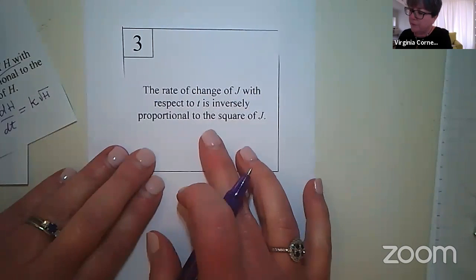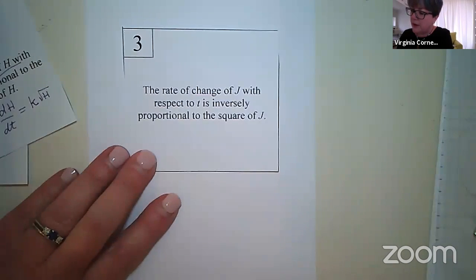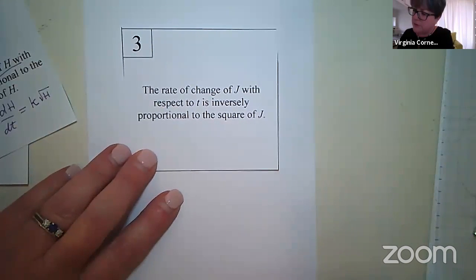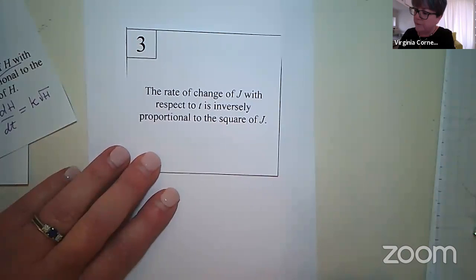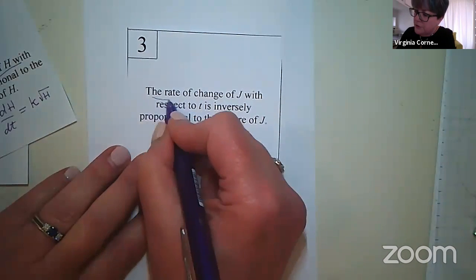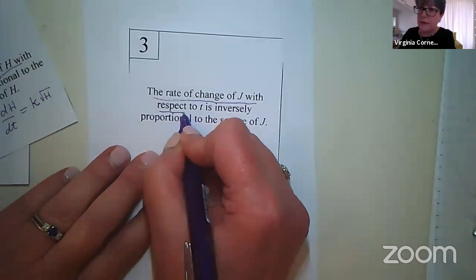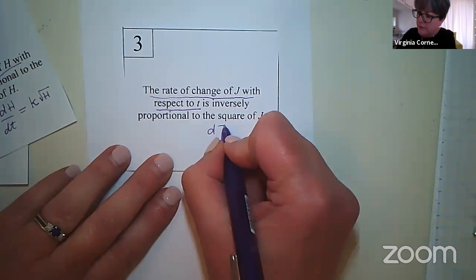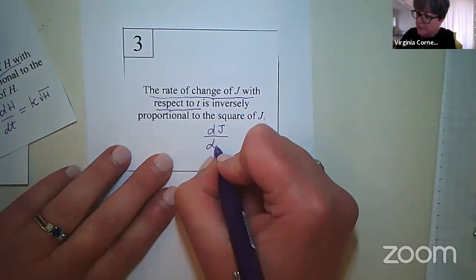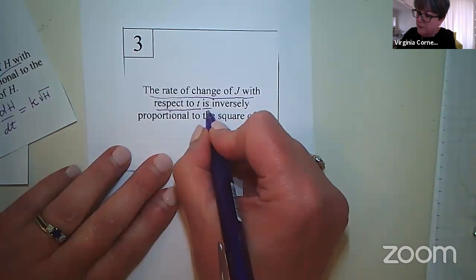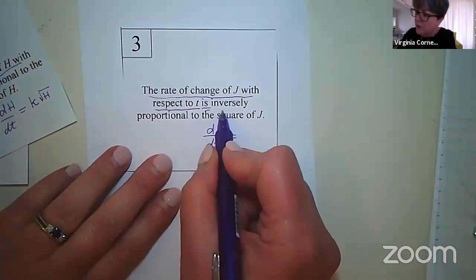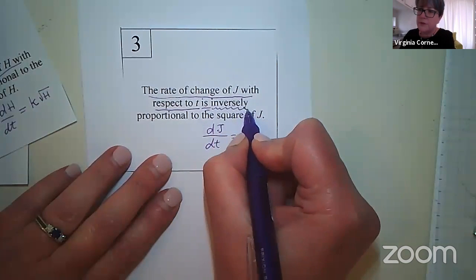Third one, the rate of change of J with respect to T is inversely proportional to J. The rate of change of J with respect to T, that's going to be dJ dt, is inversely proportional to J. Inversely, oh, it's a little different.